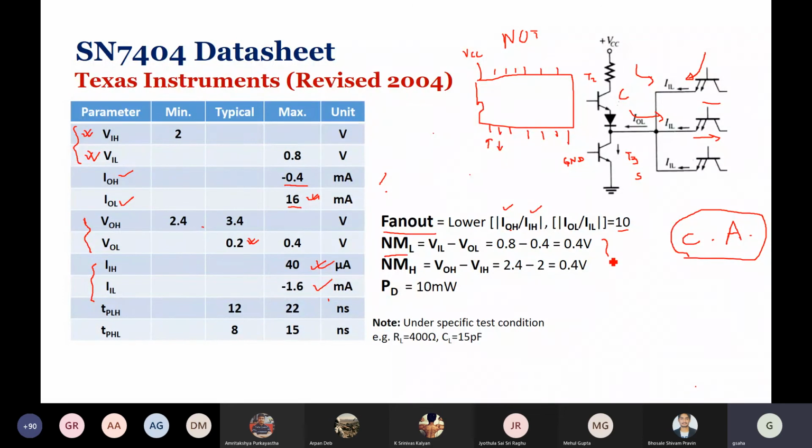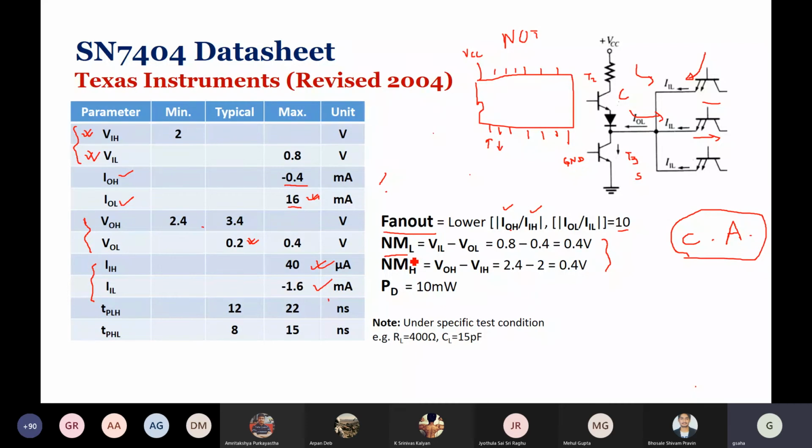More or less, as you have seen earlier, we try to keep it symmetric by design, so that we don't need to worry about the excursion on the plus or minus side. Equally good for output being low or high.